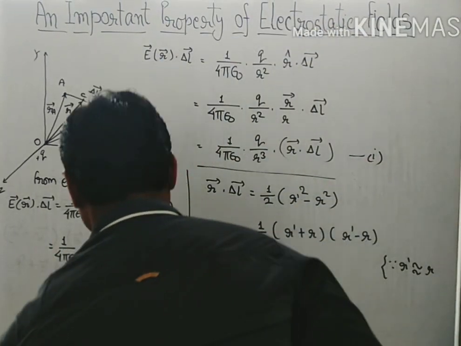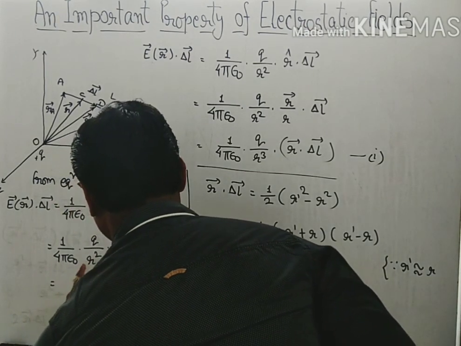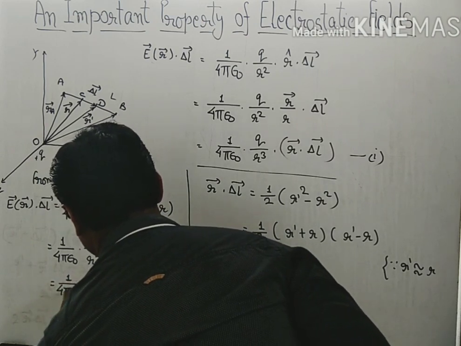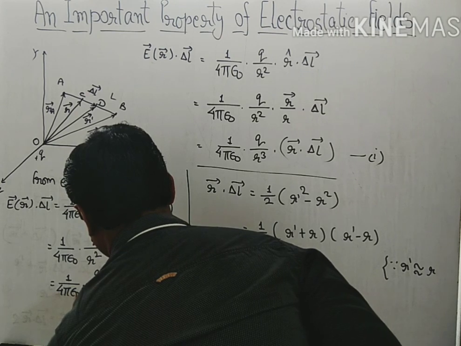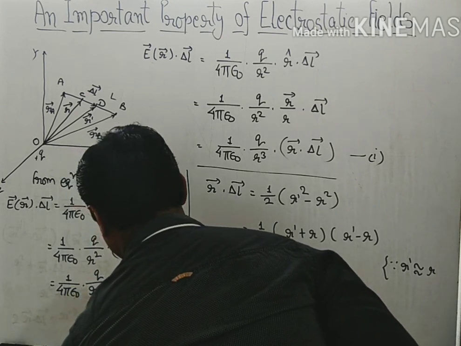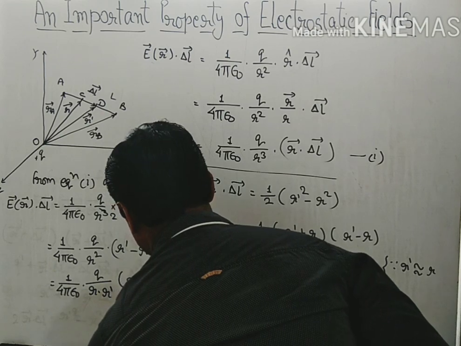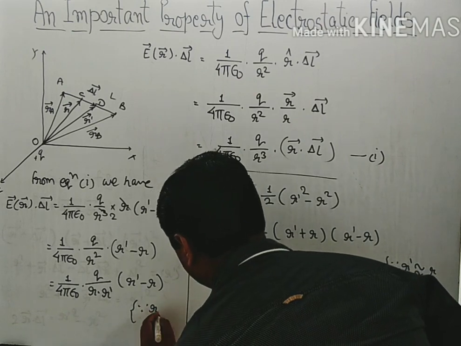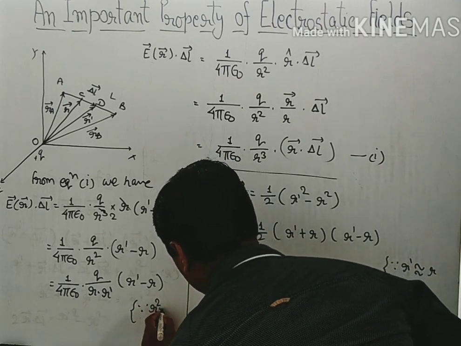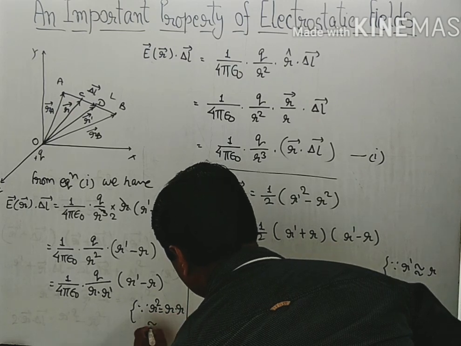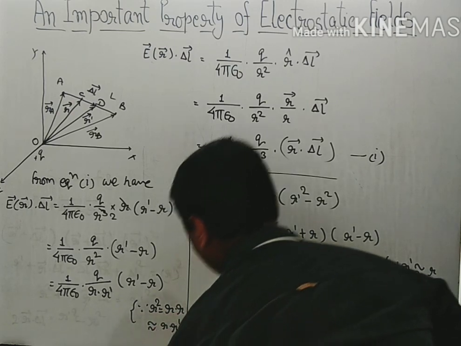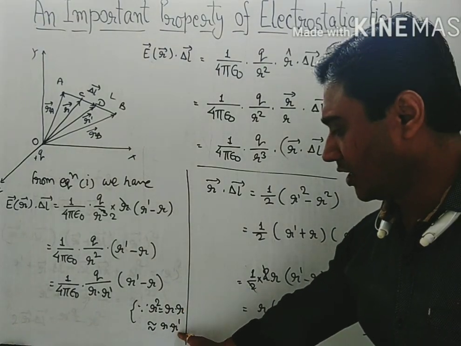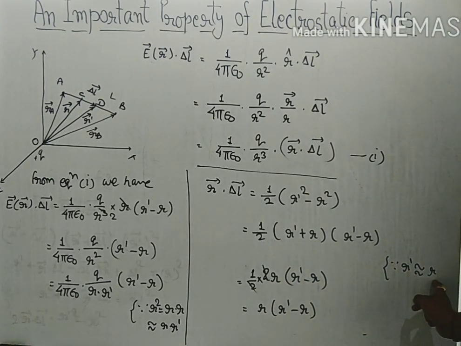Now thereafter this r square can be written as 1 upon 4 pi epsilon naught q upon r into r prime into r prime minus r. Here how did we write? As r square equal to r into r, which is nearly equal to r dot r prime. With this consideration, this r is replaced by r prime, as it is just nearly equal to this r.